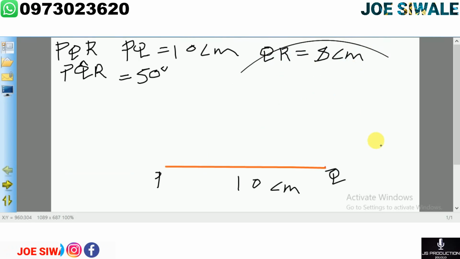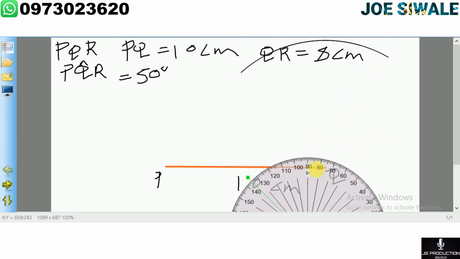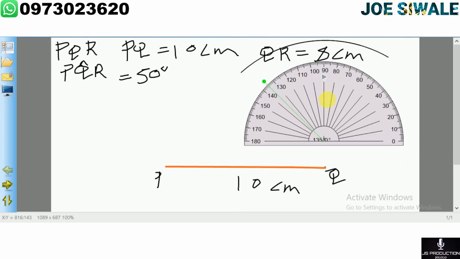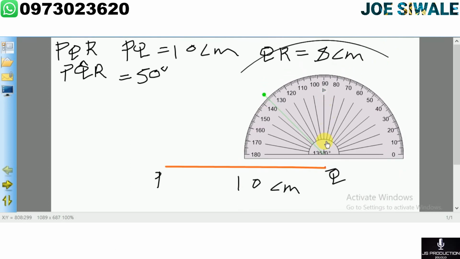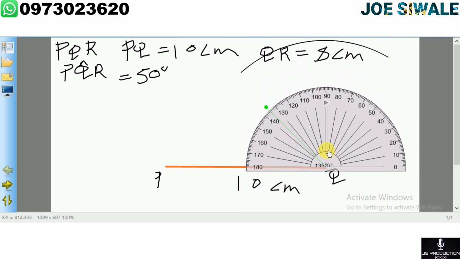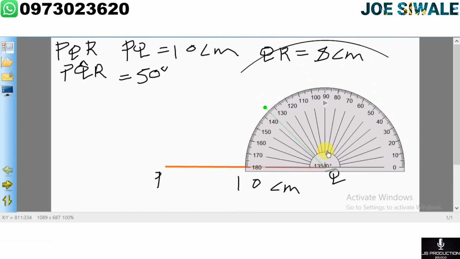And the other thing that I know is that angle PQR is equal to 50 degrees. So the angle is here at point Q. So I need to use my protractor to measure 50 degrees at point Q. So I'll get my protractor and I'll make sure that it starts at 0.